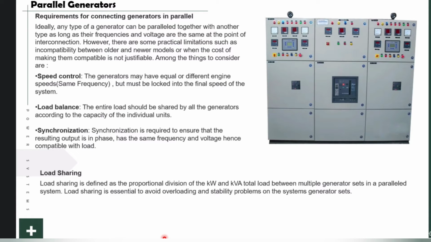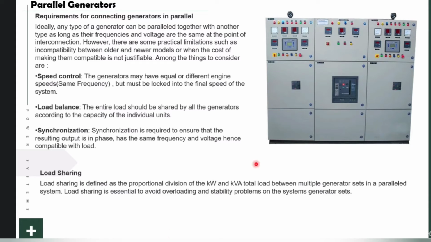And for the load balance, the entire load should be shared by all the generators according to the capacity of the individual units. And the synchronization is required to ensure that the resulting output is in phase and has the same frequency and voltage sense.